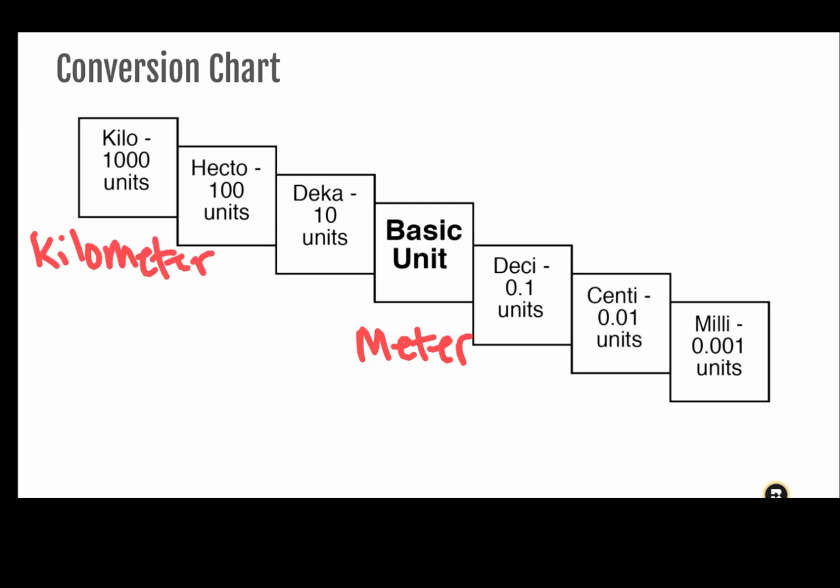As the chart tells you, a kilometer is 1,000 of the basic units, whereas a centimeter is 1/100th of the basic unit. So there are 100 centimeters in 1 meter. If you think of cents in a dollar, there are 100 cents in a dollar. So it's the same prefix, which is great.